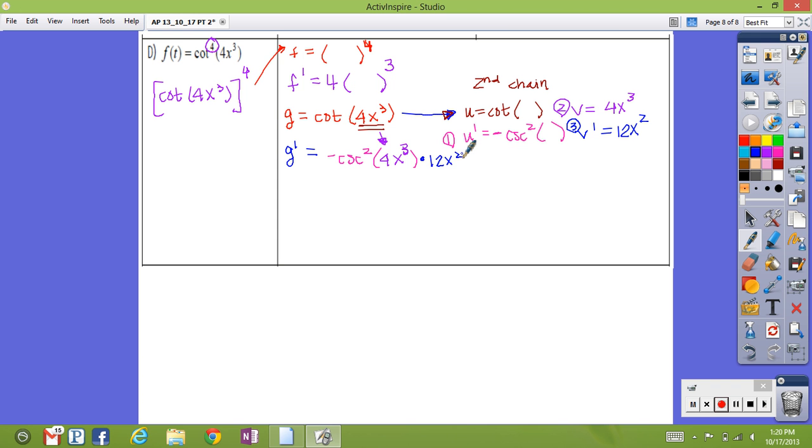Now, what you have to be careful with is we're not done the problem yet. All we did was actually figure out the g prime there.